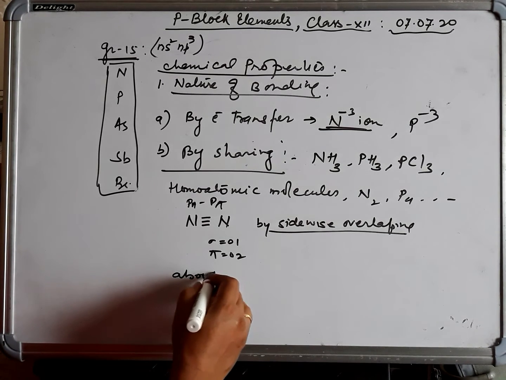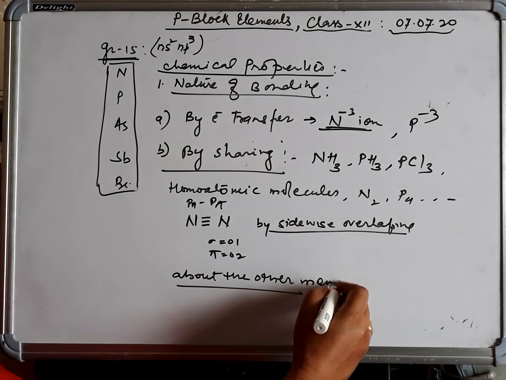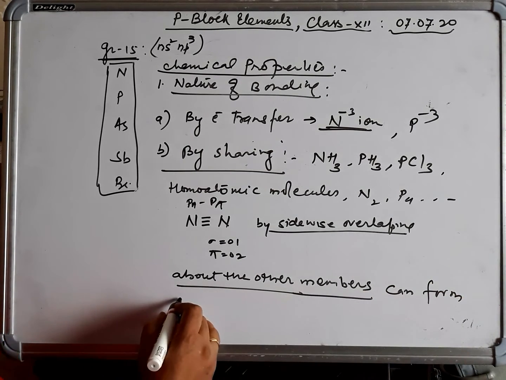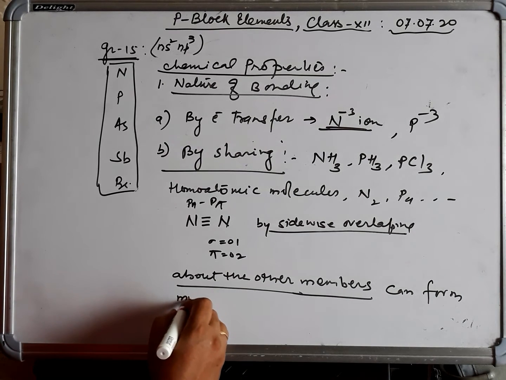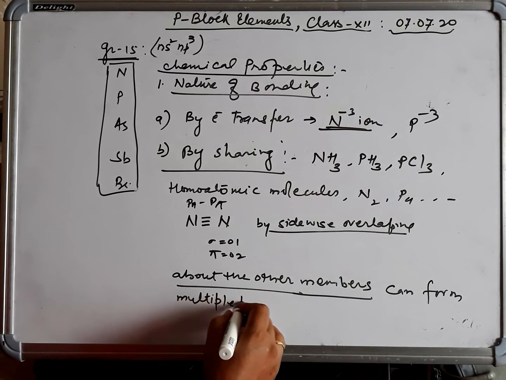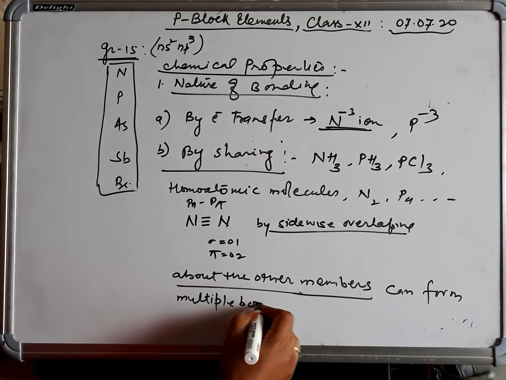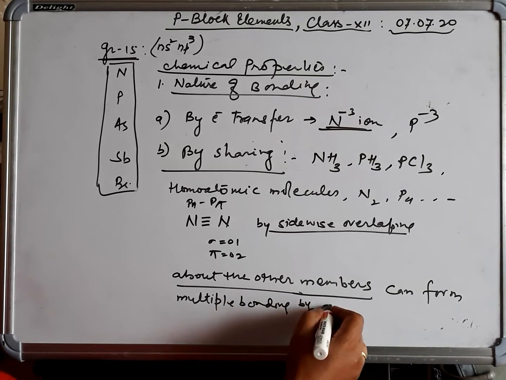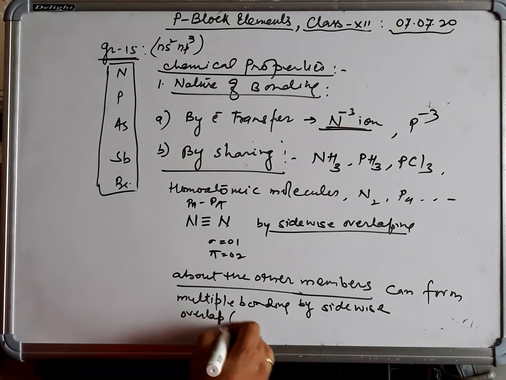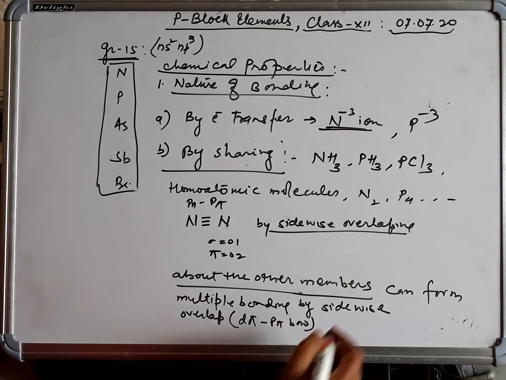The other members can form multiple bonding by side-wise overlapping, meaning d pi and p pi bonds, to form compounds.